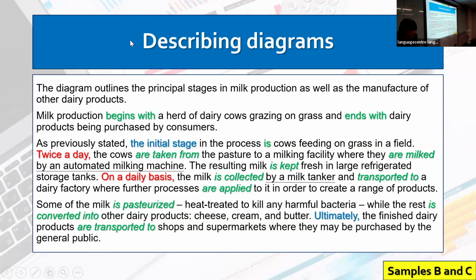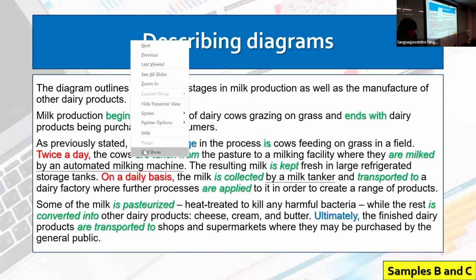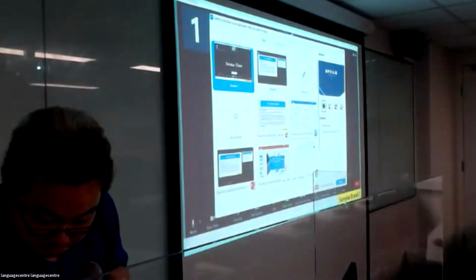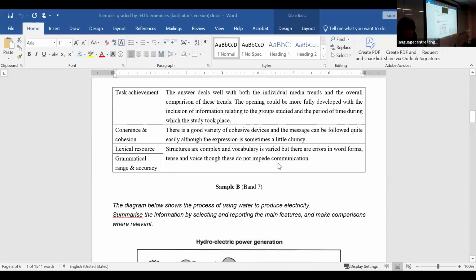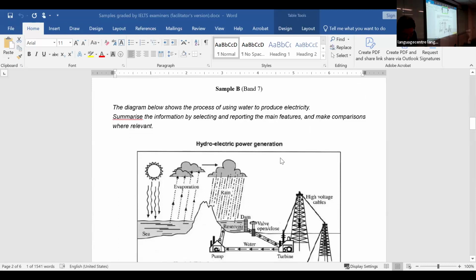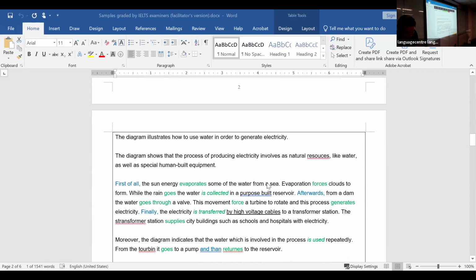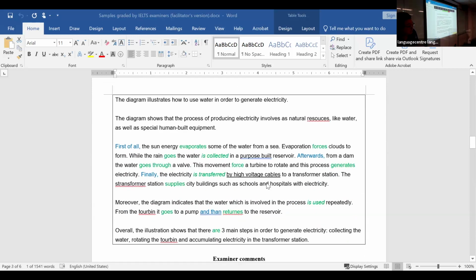Okay, let me show you two samples very quickly. On another set of handout, you can see samples B and C. Sample B is actually an example of hydroelectric power generation, and this sample scores a band 7.